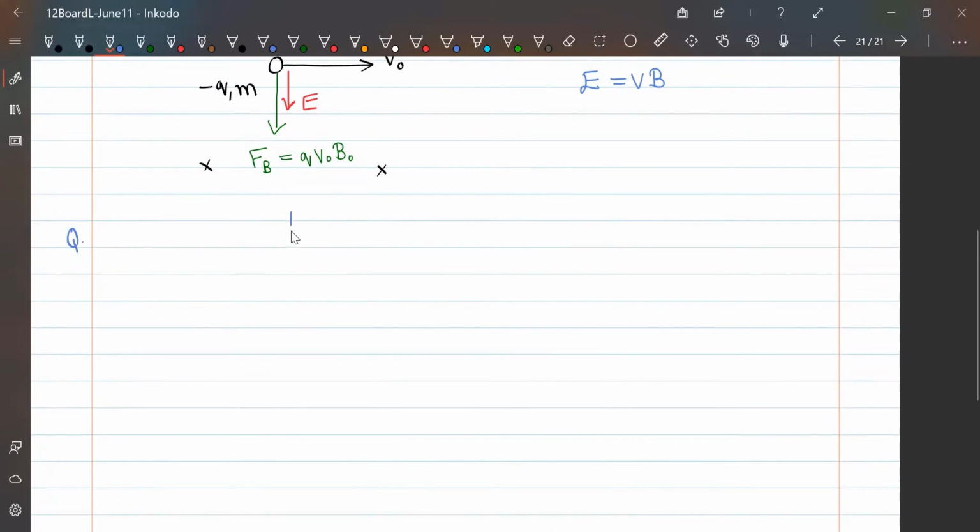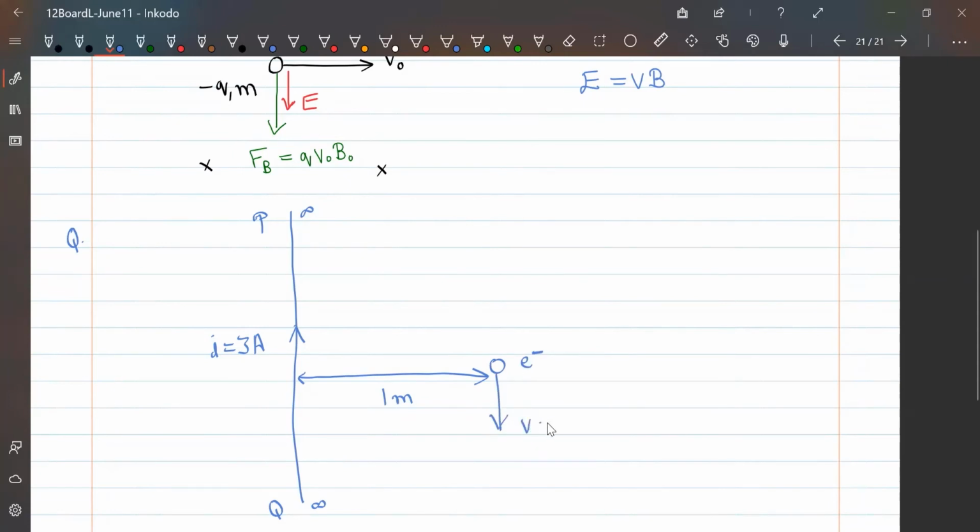So in the next question, I have an infinite wire. It contains a current of 3 ampere and this PQ is infinite. 1 meter away from this wire, I have an electron which is moving in the downward direction.